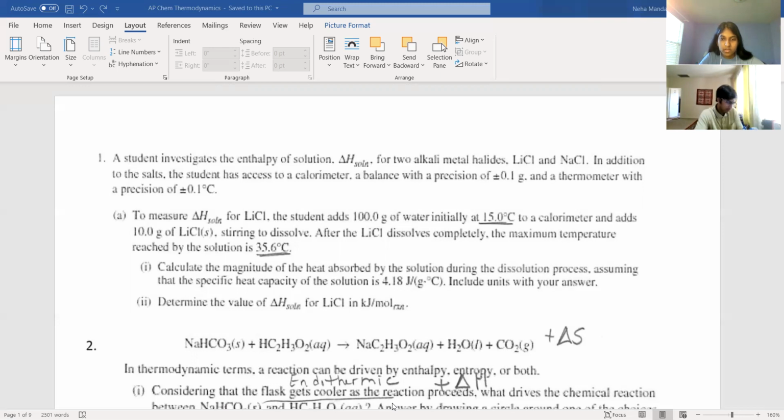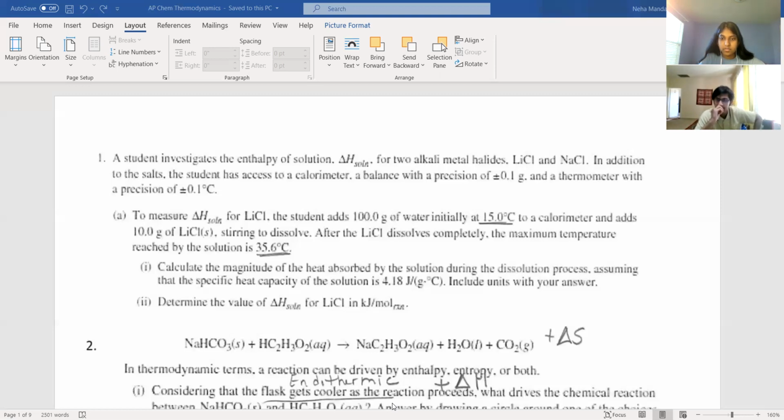Let's see what that gives us. Wait, no, we have to divide 10. We have 10 grams of LiCl. Mm-hmm. So we have to find the moles. Sorry. So 10 over 42.39, grams per mole, right? Okay. So I have an answer.